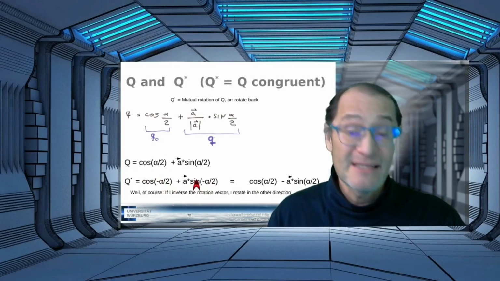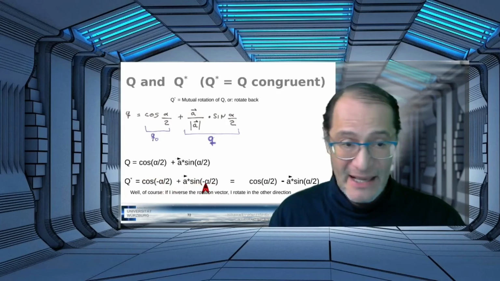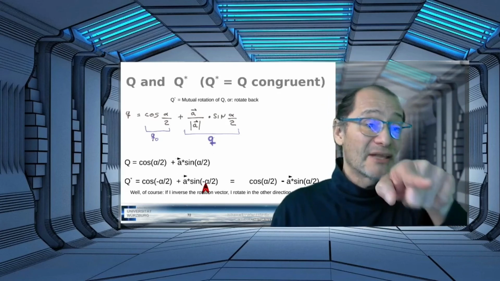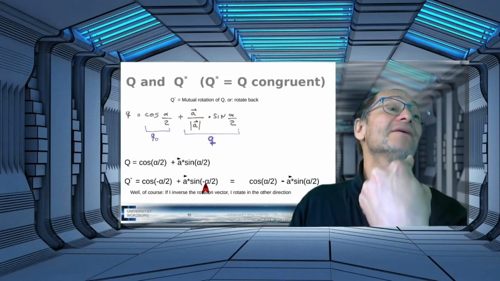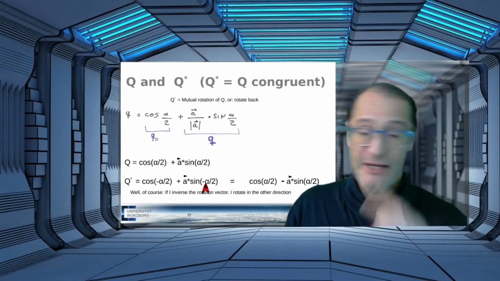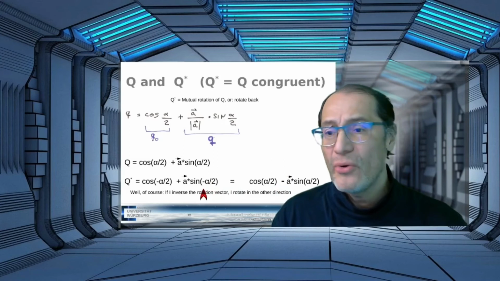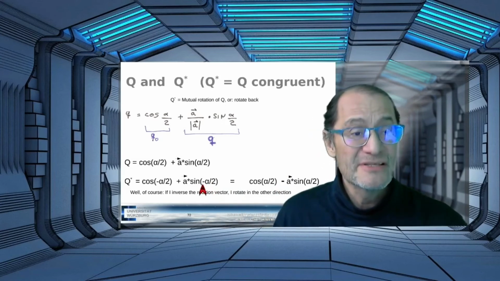To invert this, I have two ways. I invert the angle, or I invert the vector. If I rotate with a vector in this direction, it's exactly the opposite if my vector is looking in the opposite direction. And both are the same. I can use minus A, and the rest will be the same. Or I can just say the sine of minus alpha is minus the sine of alpha.